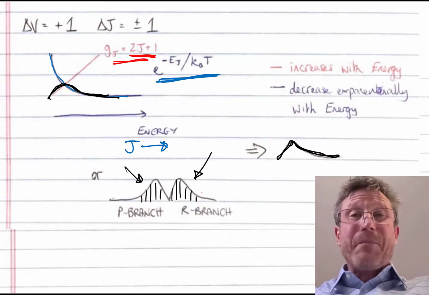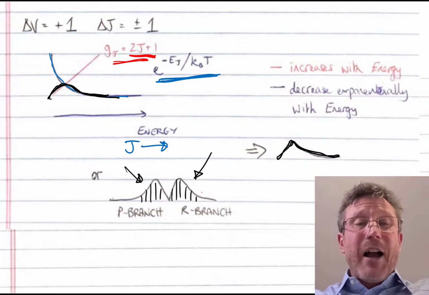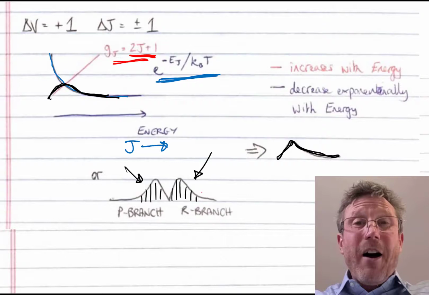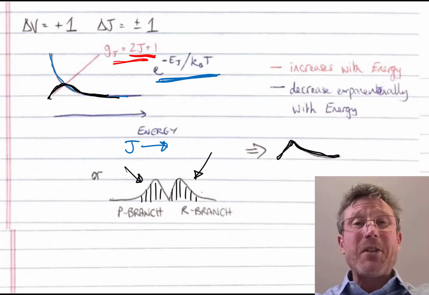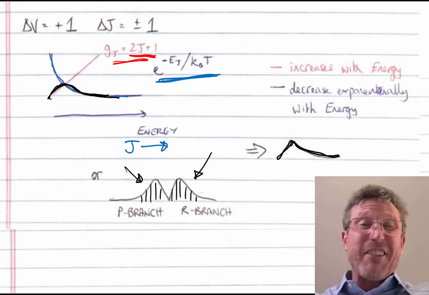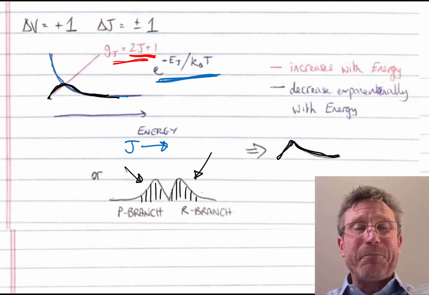If it's a simple molecule like HCl, you'll see those individual transitions for the rotations. So this is a lovely little piece in the textbook that again ties quantum mechanics to spectroscopy. And this is one of those applications of quantum mechanics where we start to really understand why we see what we see in spectroscopy.